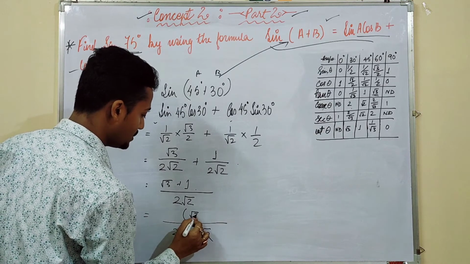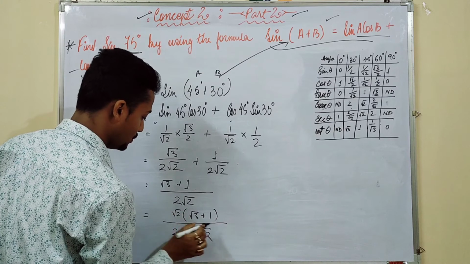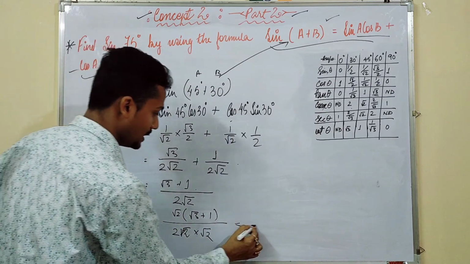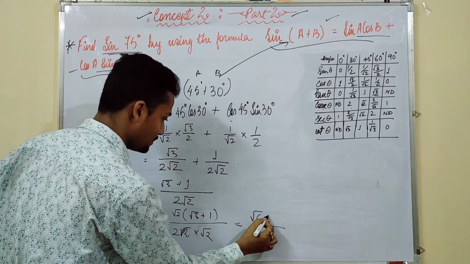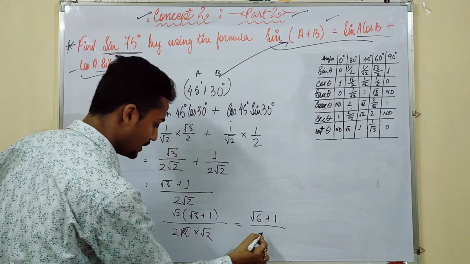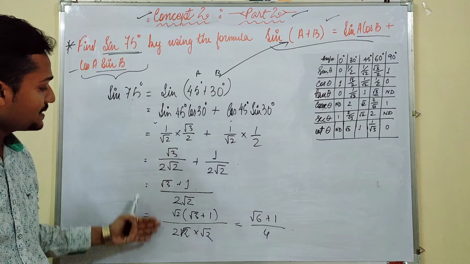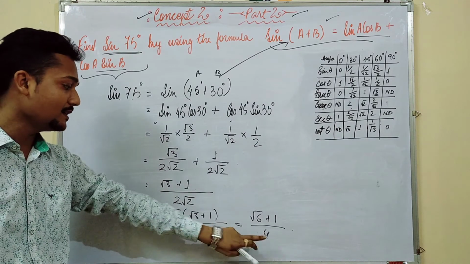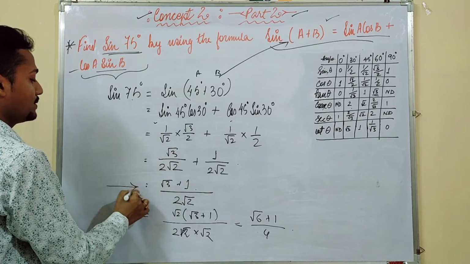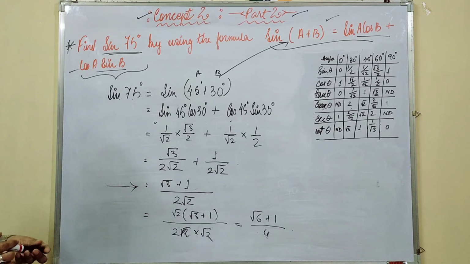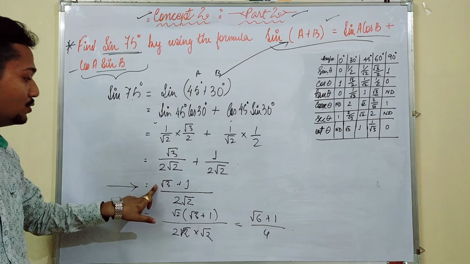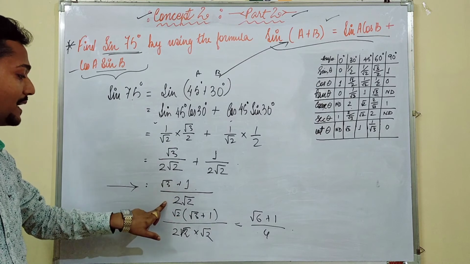Here it will be root 3 plus 1 into root 2. So it will be root 6 plus root 2, and 2 twos are 4. You can keep it in this manner, or keep it as root 3 plus 1 by 2 root 2, and that will also be correct.